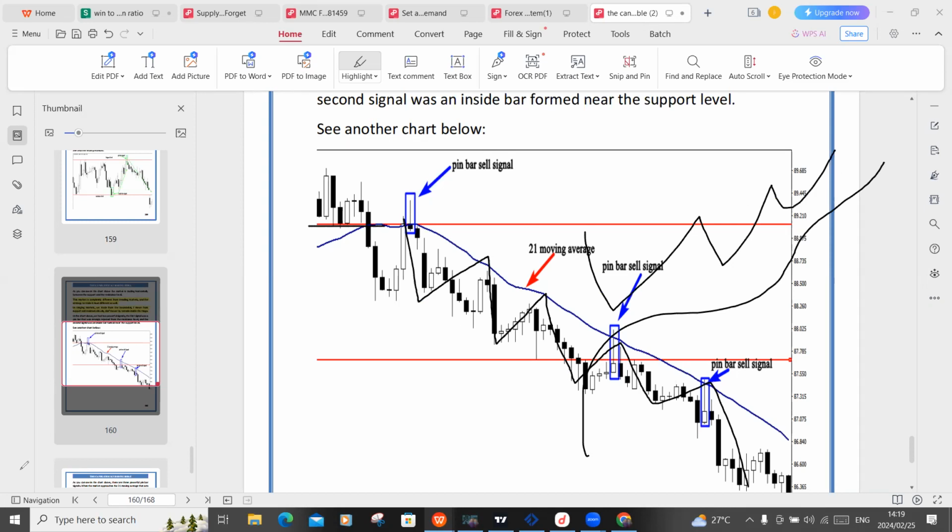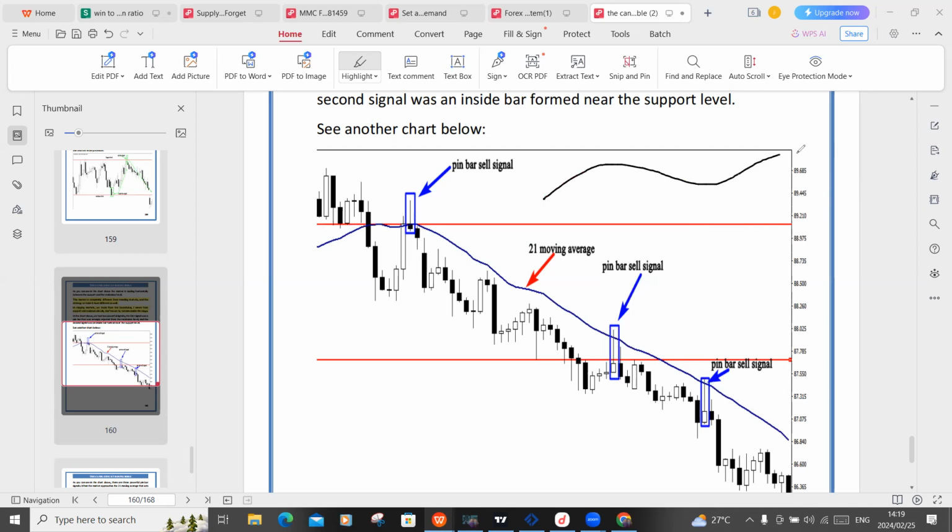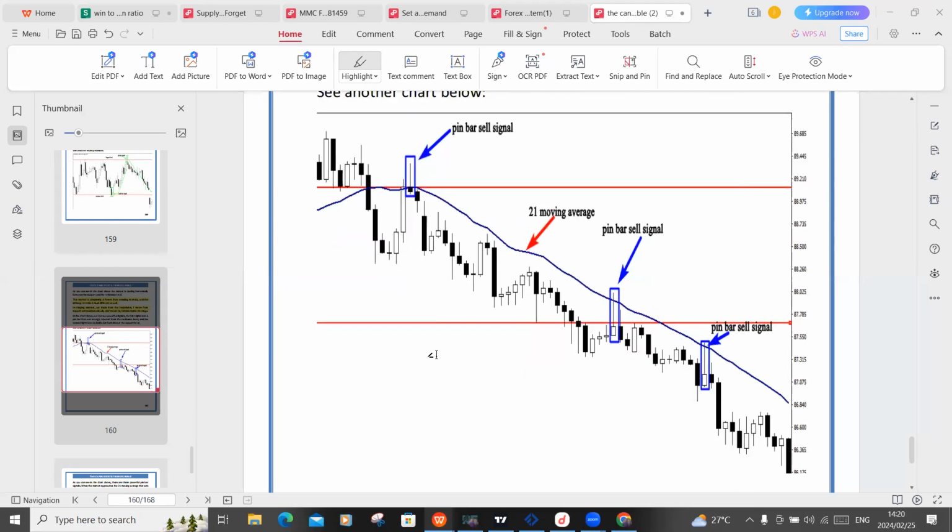If you see your moving average like this and your price is moving like this, just know that in that particular market, it's either ranging or it's choppy, and you cannot use the moving average to formulate a setup. If the moving average is in between your price, it means either the market is choppy or it's ranging, and you cannot use the moving average for that particular market. So that's also another note to just jot down.